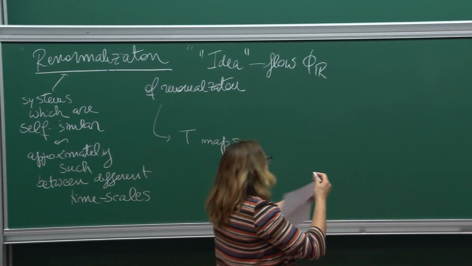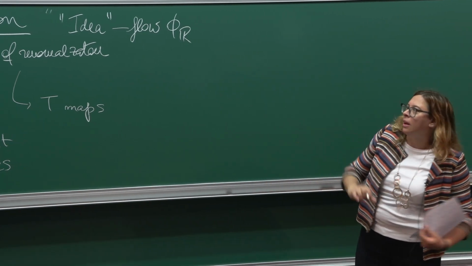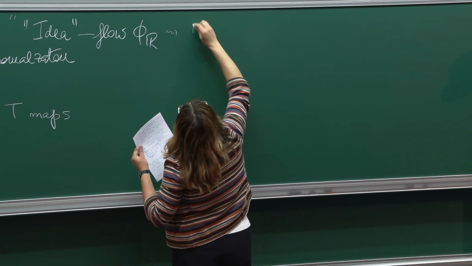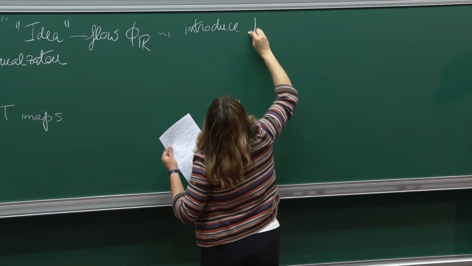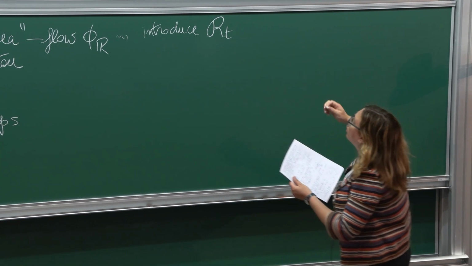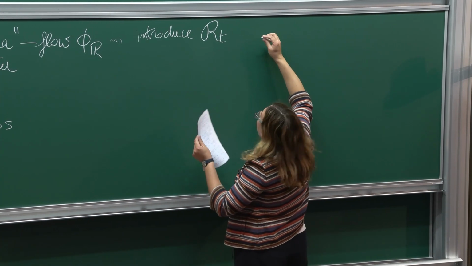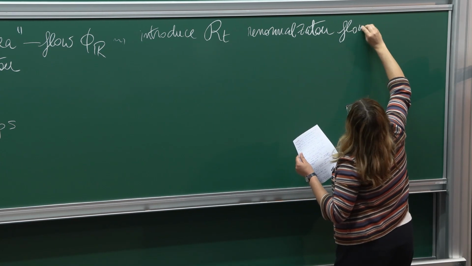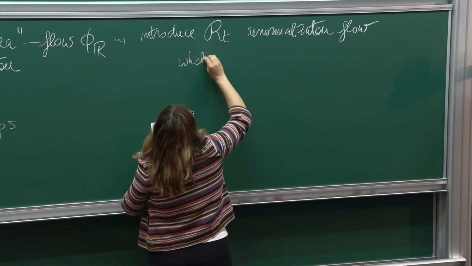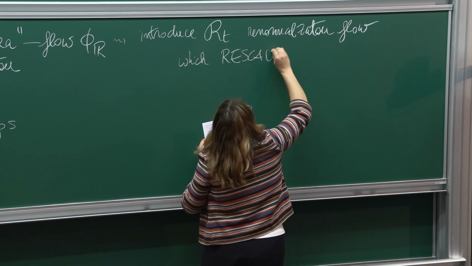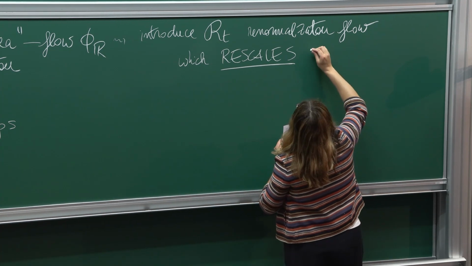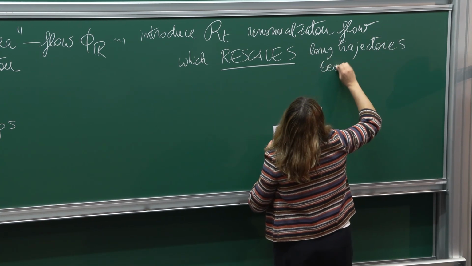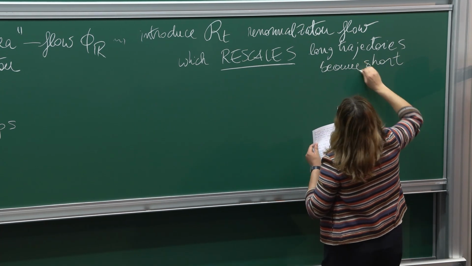So the idea of renormalization is to rescale or zoom to study different time scales. In the case of a flow, we want to introduce some family of renormalization operators, a renormalization flow, which has the property that it rescales time so that long trajectories become short. Again, this is very vague, but be patient for a second.